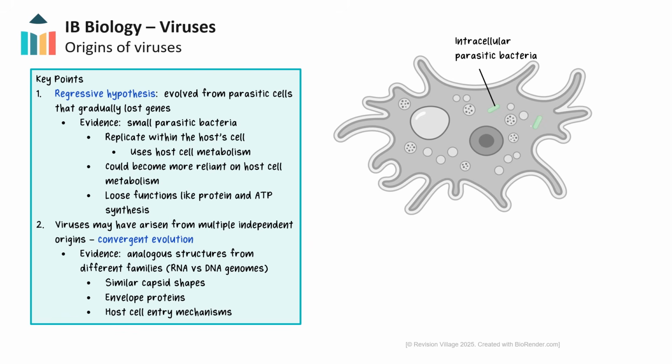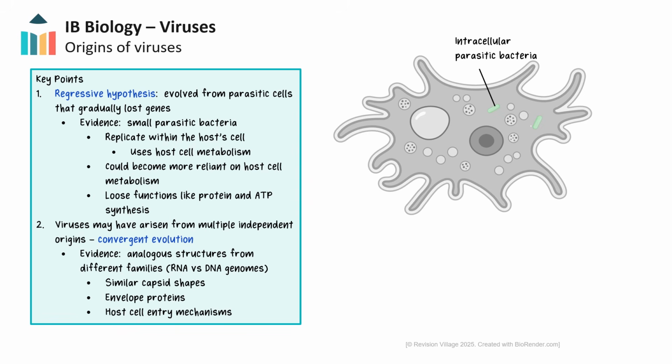For instance, viruses have similar capsid shapes despite being from different viral families, as some families have DNA genomes and others have RNA genomes. Despite their different common ancestors, both families have developed icosahedral capsids that are efficient geometric shapes that can self-assemble to enclose genetic material.